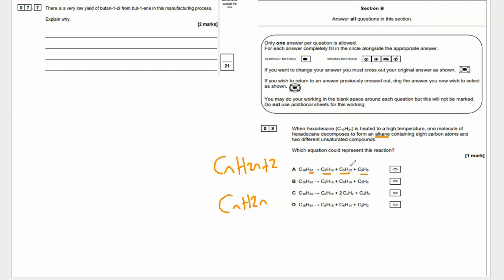C8H16, C5H12. Oh, actually, the alkane is supposed to contain 8 carbon atoms, and this one is an alkene with 8 carbon atoms. It says alkane with 8 carbon atoms. The 8 carbon product here, C8H16, is an alkene. That's wrong.